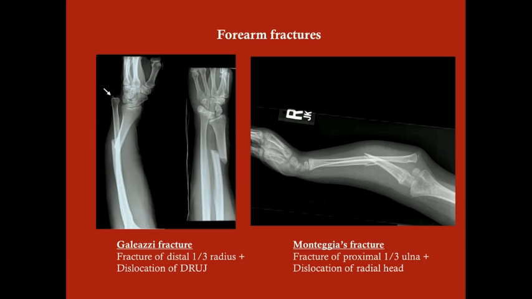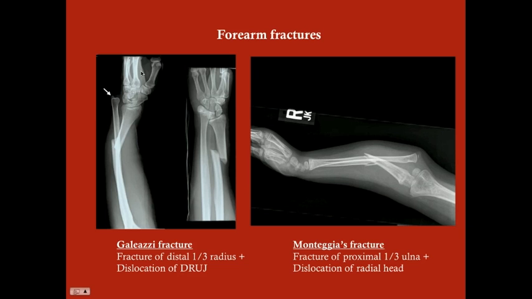The other two forearm fractures that were referred to are the Galeazzi and the Monteggia's fracture. The Galeazzi's fracture is a fracture of the distal 1/3 of the radius, along with dislocation of the distal radial ulnar joint, DRUJ. So here we have two views. We have a lateral view, although it's kind of twisted up here.